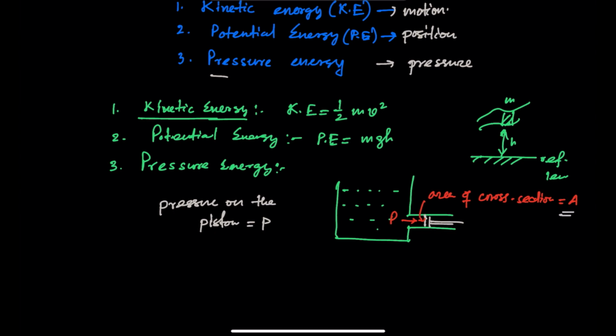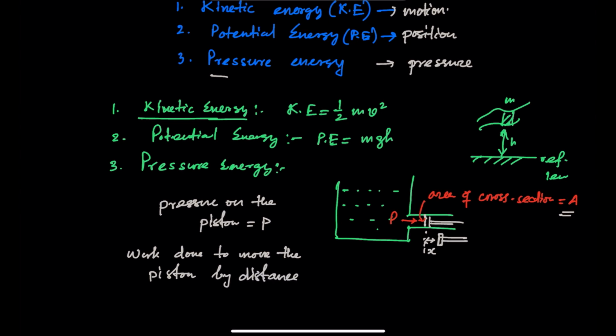If the piston, initially here, moves by some distance, suppose x, then what is the work done to move the piston by distance x?